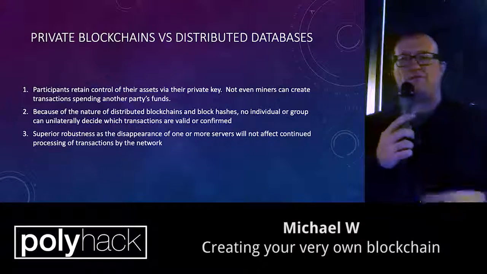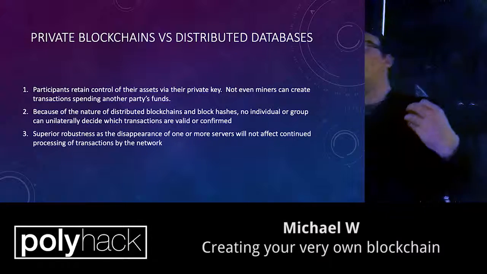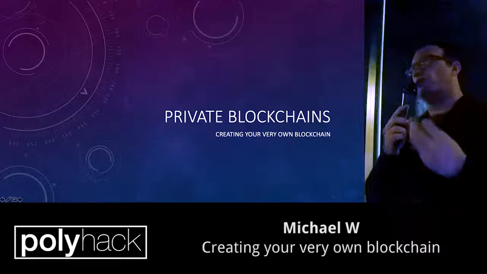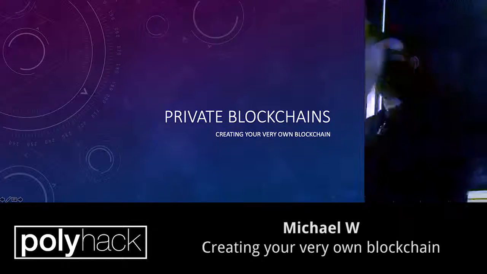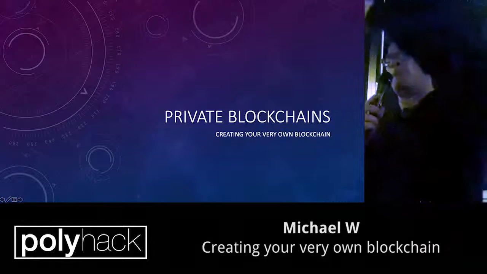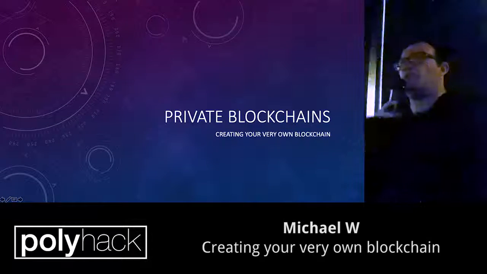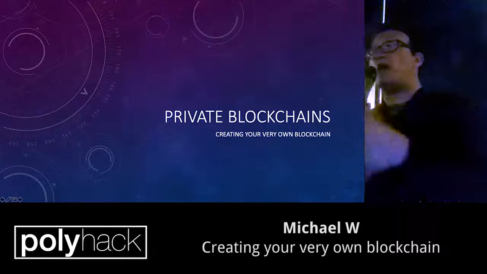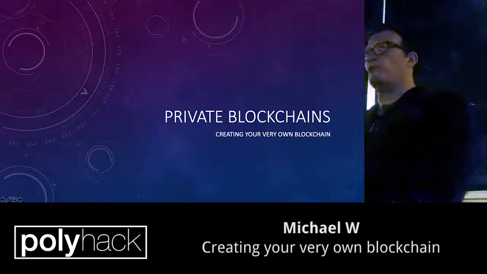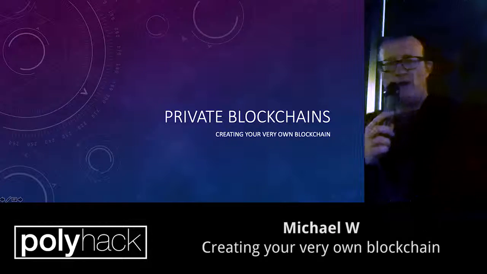Now, private blockchains versus distributed databases. So what is the main difference? Well, first of all, with distributed databases, yes, you can have replication and whatnot, right? But usually there is a central location where the data sits. If you're a bank, then that data and those servers sit behind copious amounts of firewalls with individuals that are strictly vetted to control whether access is granted to perform certain actions.